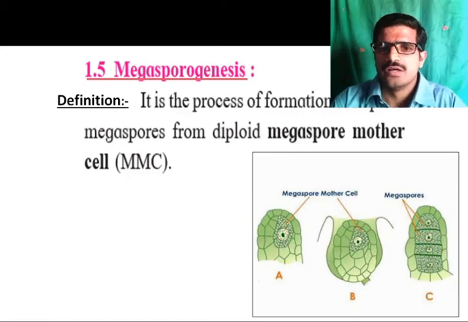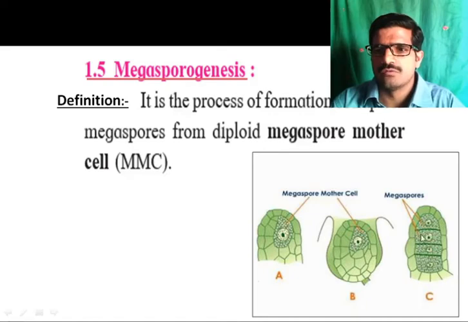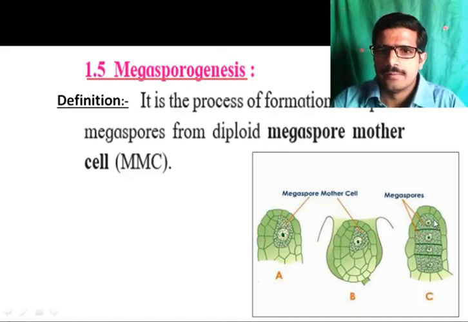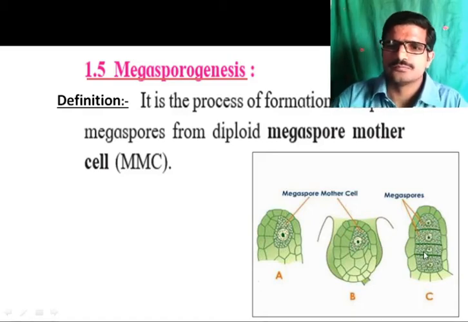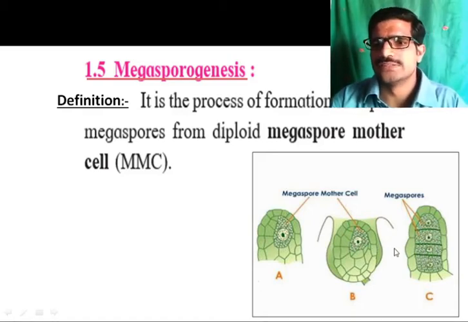From this diploid megaspore mother cell, haploid megaspores are formed. These are the haploid megaspores. Again, meiosis takes place, and with the help of this meiosis the diploid megaspore mother cell divides into haploid megaspores.